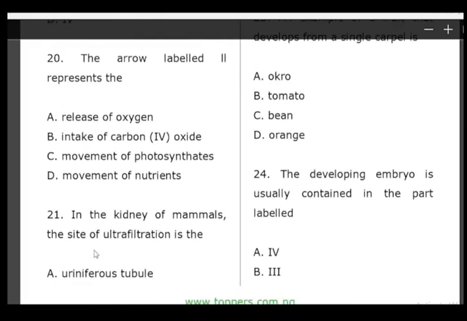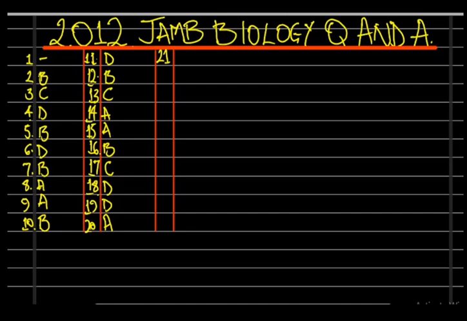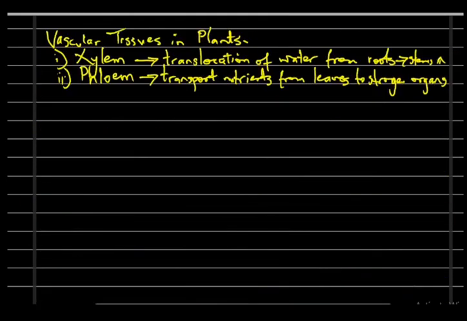If we look at the uniferous tubule, like the first option is saying here, let's see what happens in the uniferous tubule. It helps to filter the blood. It filters the blood to separate the liquid, which is the water, from the blood.